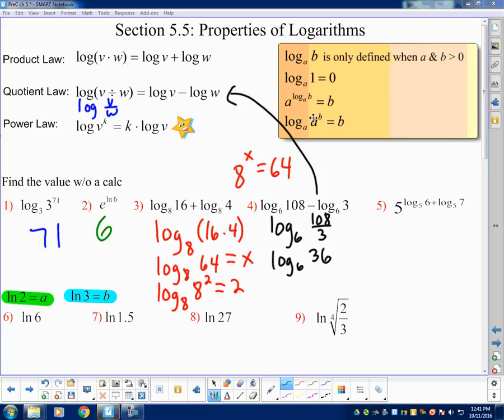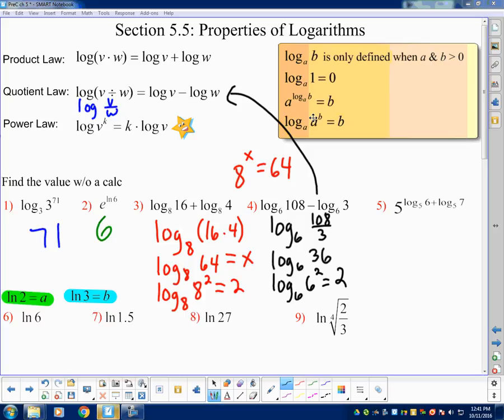So kind of similar to the one we just did. 36 could be rewritten as log base 6 of 6 squared, which equals 2 again. So we rewrote the difference of the logs as a single logarithm of the quotient of those two.